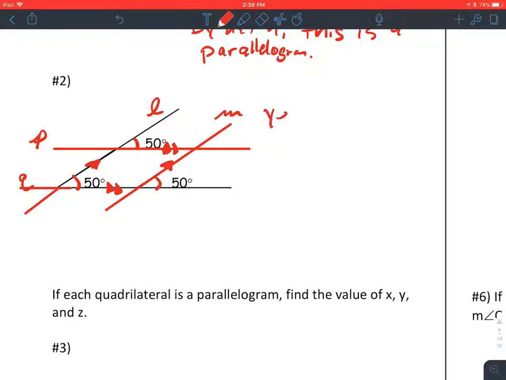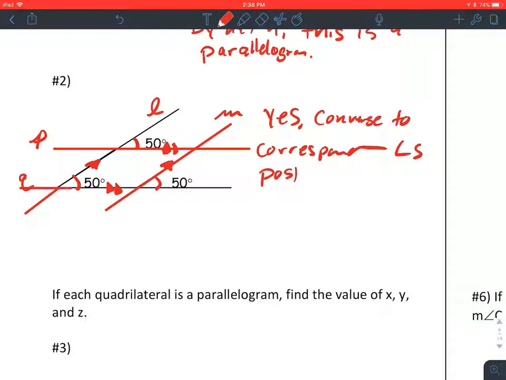So we're supposed to say, is it? We're going to say yes, then we're supposed to say why. The converse to the corresponding angles postulate makes L parallel to M and P parallel to Q. Thus, this 3 dots means in conclusion.